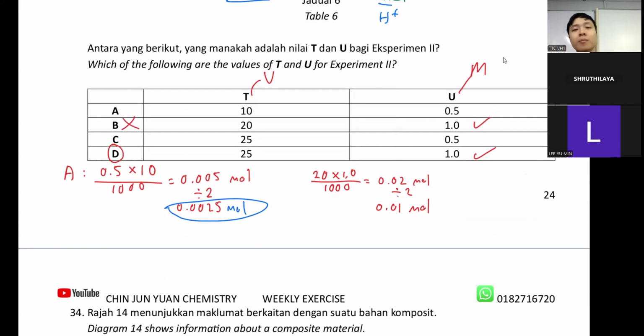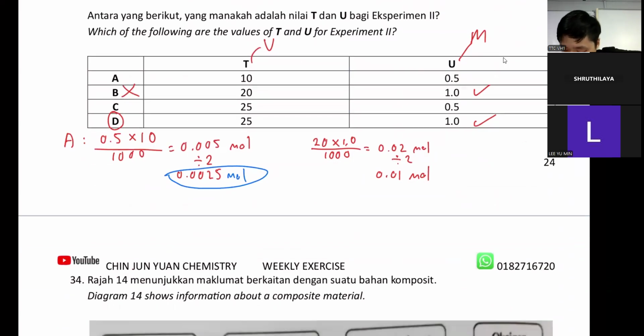So it cannot be D. Why? You see properly. 25 times 1.0 divided by 1000. Sorry, 0.025 mole. Ratio divided by 2.